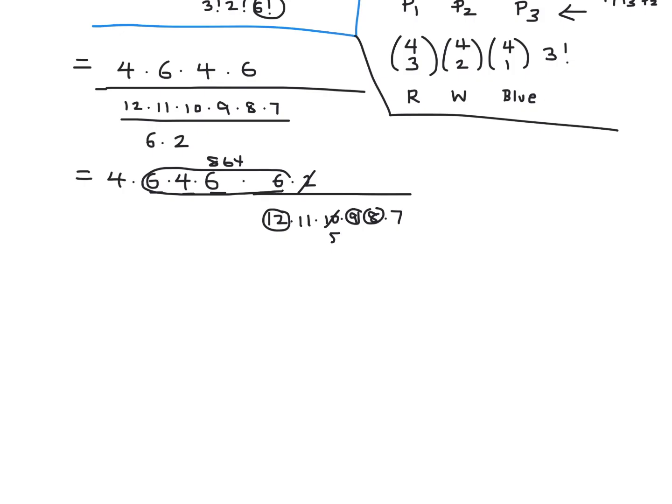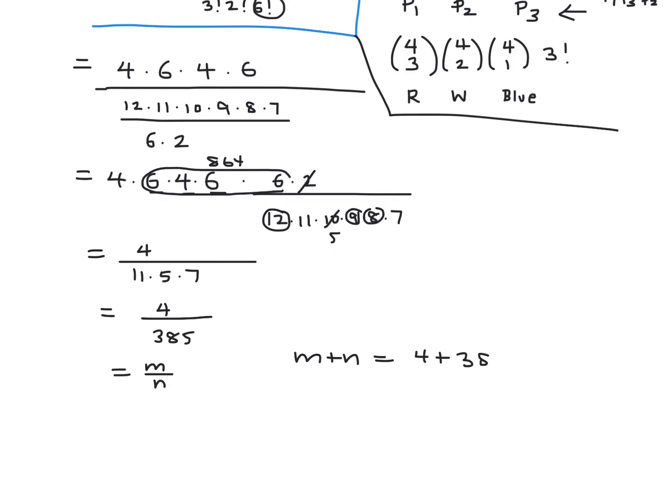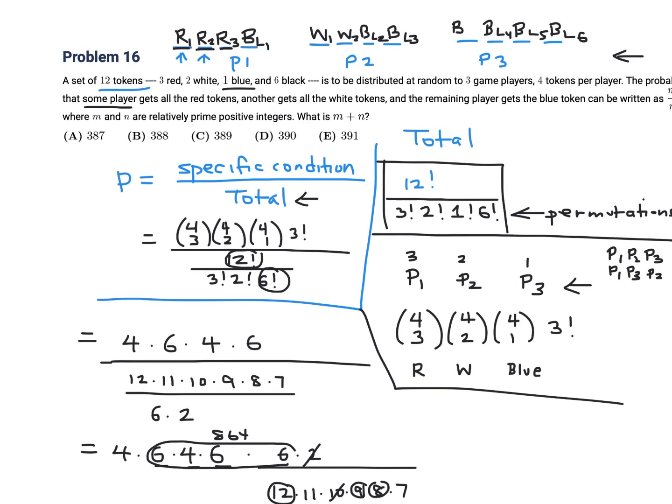So that all cancels. So when it's all said and done, the only thing that's left is the 4, the 11, a 5, and a 7. And therefore, when you expand that, that would be 385. And that is my m over n. And if you recall, they wanted m plus n. So that would be 4 plus 385. And that is 389. 389 is C.